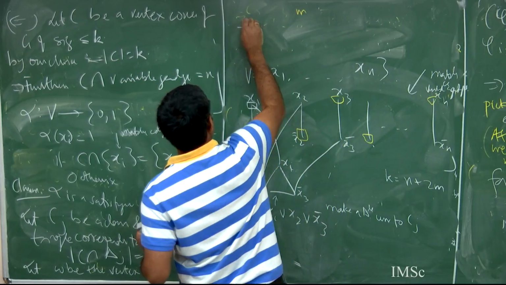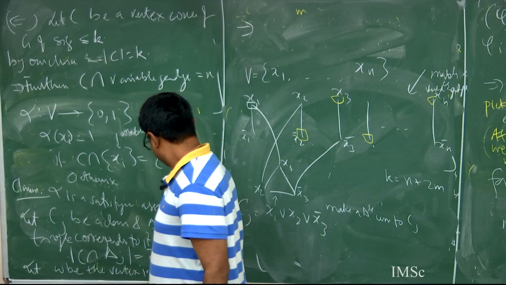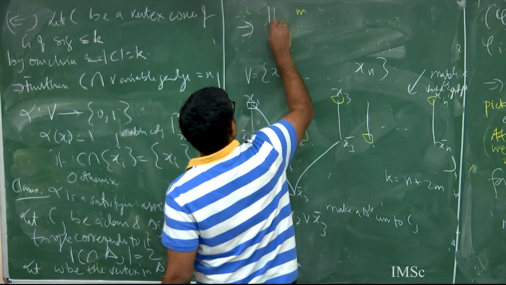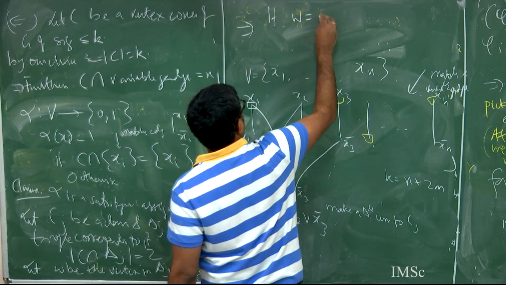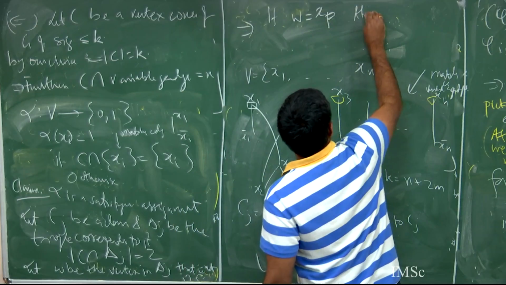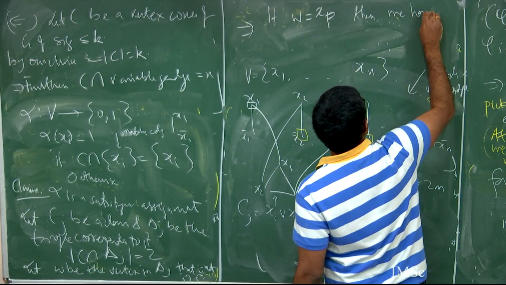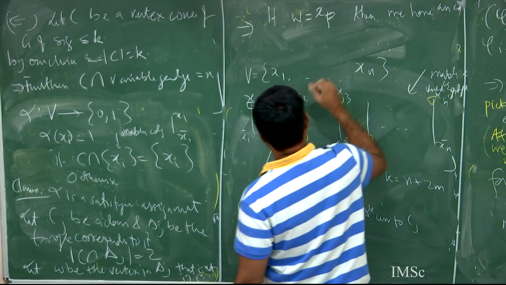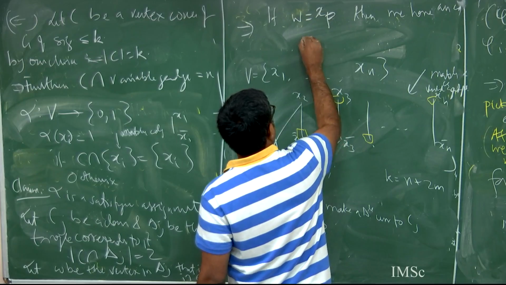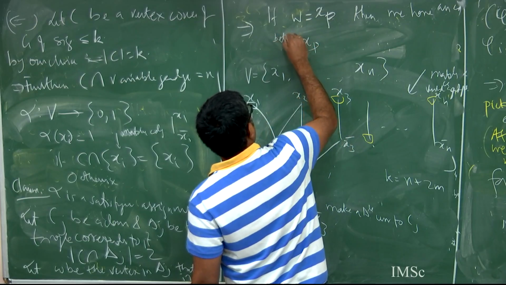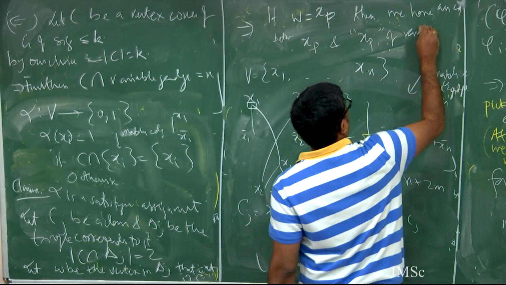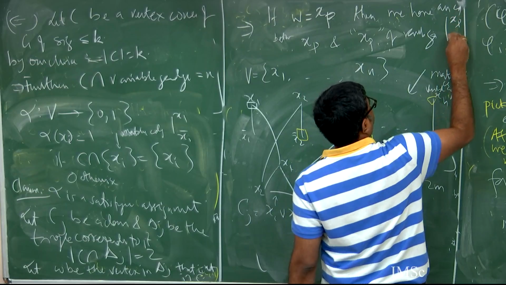This implies, look, that's W, right? Whatever this literal is, W, right? So if W is equal to some xp, then we have an edge between xp and xp bar of the variable gadget, right?